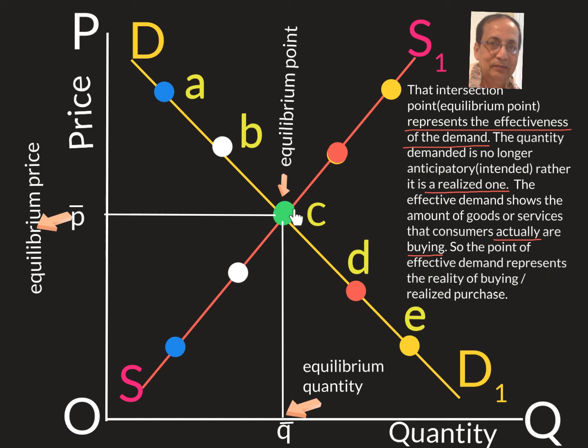So the point of effective demand represents the reality of buying or the realized purchase. That is, the equilibrium quantity is purchased at the equilibrium price here.